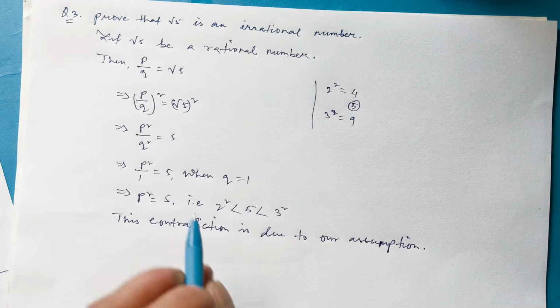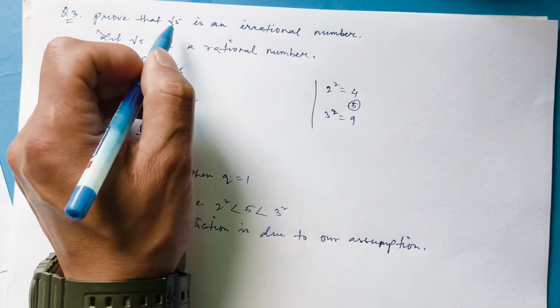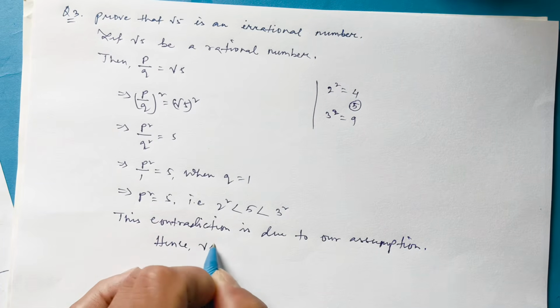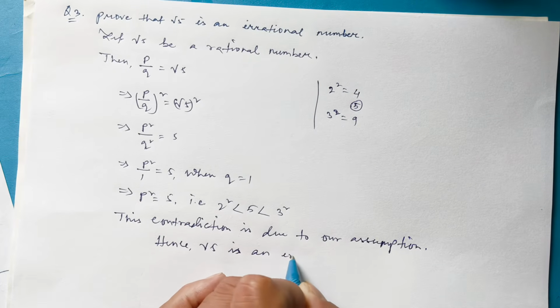That is why root 5 is not a rational. Root 5 is not a rational means root 5 is an irrational. Hence, root 5 is an irrational number.